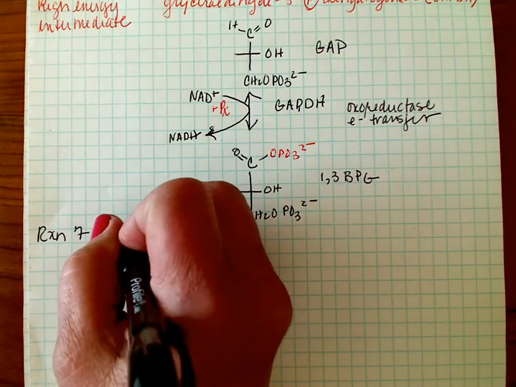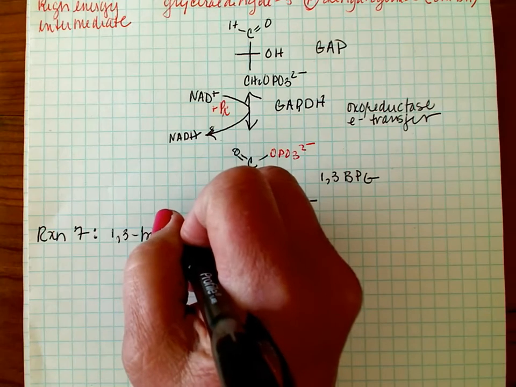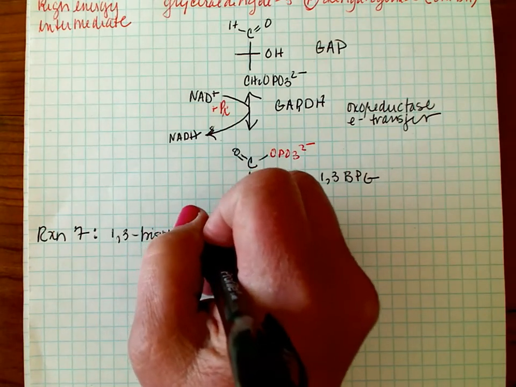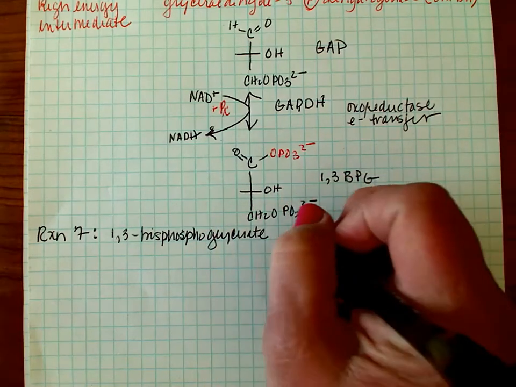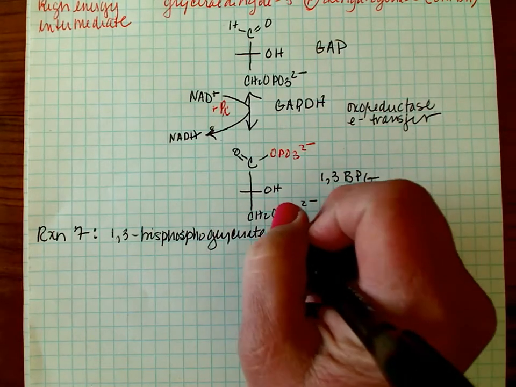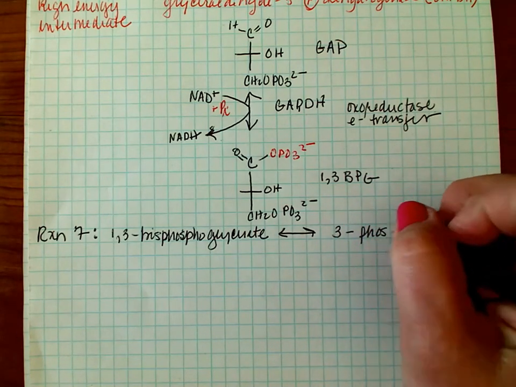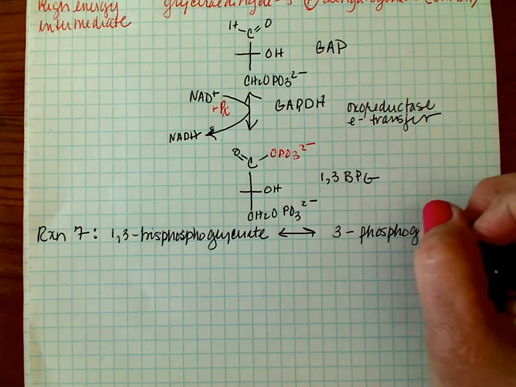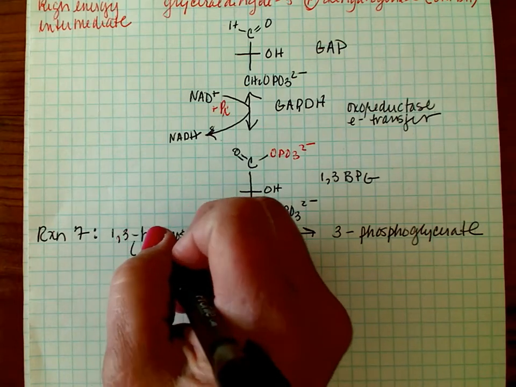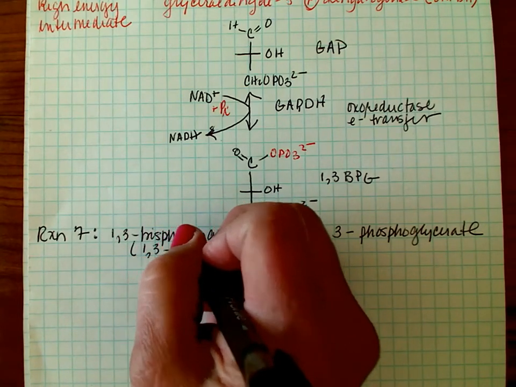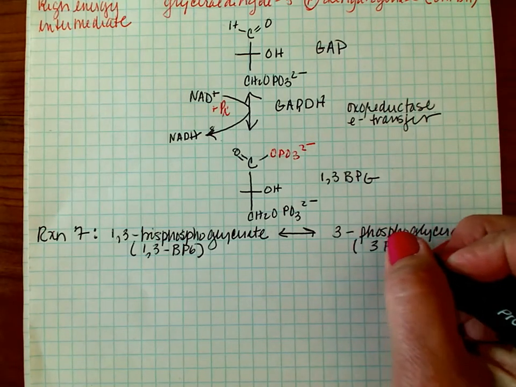So 1,3-bisphosphoglycerate to 3-phosphoglycerate. One 3BPG to 3PG.